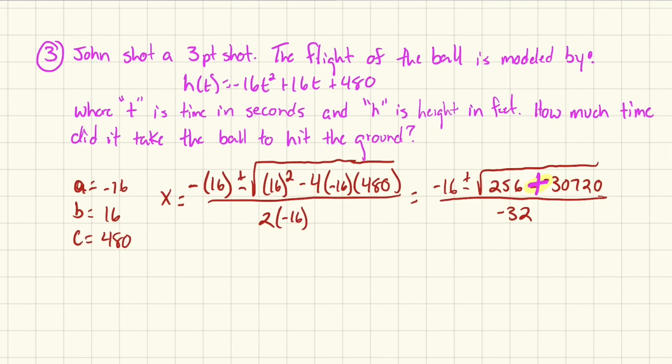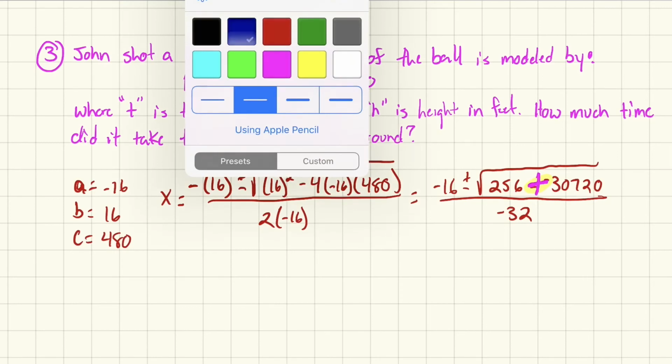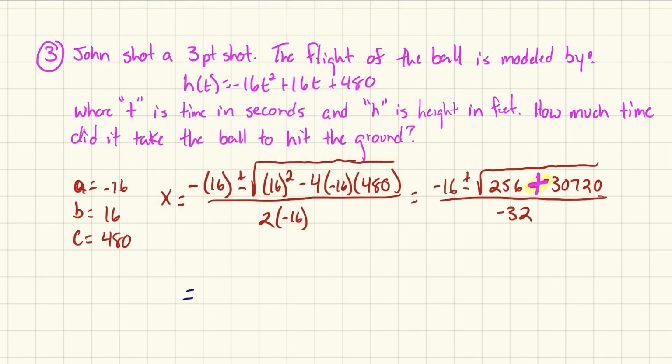When we simplify, that's going to give us negative 16 plus or minus the square root of 256 plus 30720, which ends up being 30976. Wow, that is a big number inside the radical. But have no fear, it's all going to work out. And that's still over negative 32.